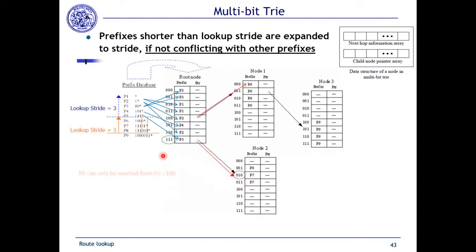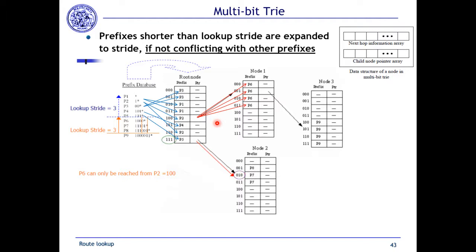And then we have the pointers. From this position in the first subtrie, there is the pointer to node number 1. From this other position, there is the pointer to node number 2, and now you can start filling up the entries of node number 1.